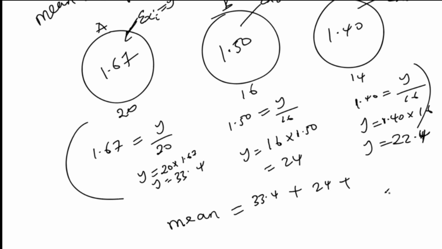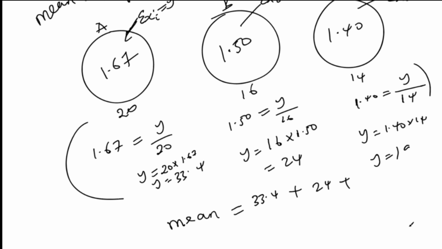I'm so sorry about this. Guys, I'm sorry. This is 14. I was looking at this. Okay, this is 14. So y here is equals to 1.40 multiplied by 14. Oh, sorry. y equals to 19.6.